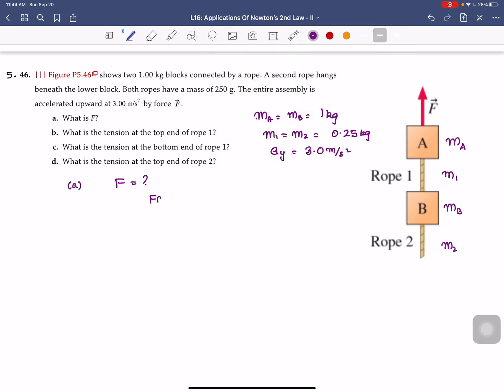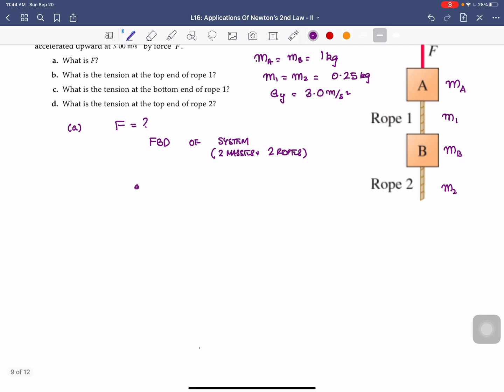As always, we start with the free body diagram, but for the first part, we're going to draw the free body diagram of the system, which by system I mean the two masses and two ropes, all viewed as one single object. Well, what's the picture going to look like?